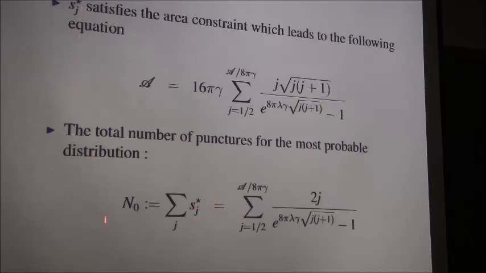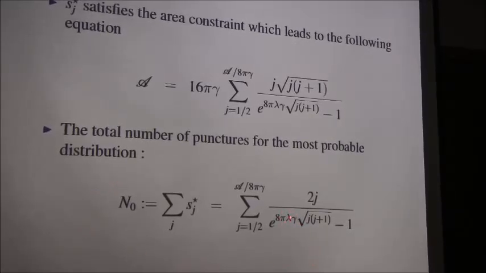So these are the equations which I have to worry about, and of course this thing I have only written, which will be clear the physical significance of this, that this n naught, since it is the number of punctures, I have to consider this value of lambda and gamma in such a way that this n naught has to be large. Otherwise this whole thing does not hold any meaning if n naught becomes 1 or 2.